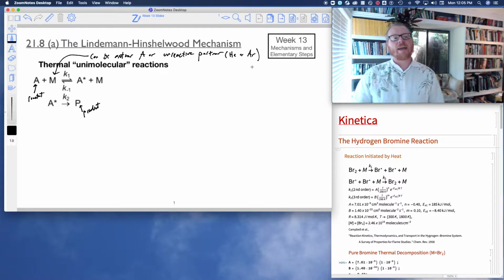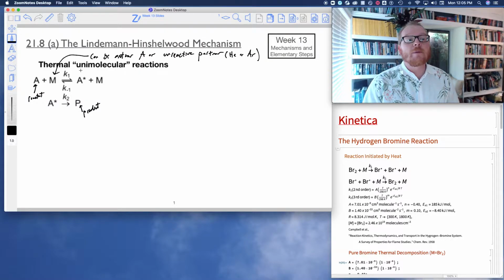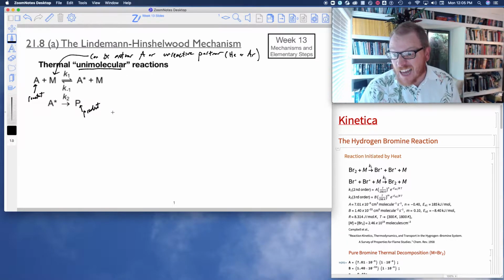In this mechanism, this describes the thermal unimolecular decomposition of something unstable.